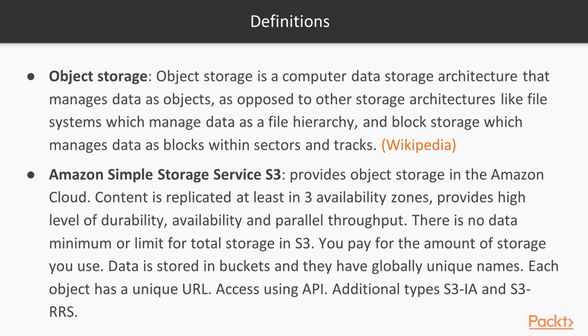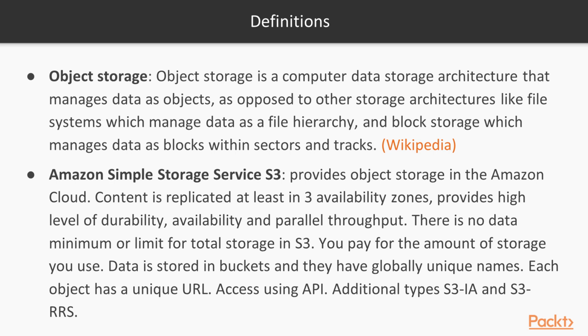This is why it provides a high level of durability, availability, and also parallel throughput, which allows you to upload information very quickly. With S3, there is no minimum amount of data or a limit. You don't have to reserve the size of your bucket, so you pay only for the amount of storage that you use in S3. Each object has a unique URL, as is common in object storage, and you can also access it using the API.